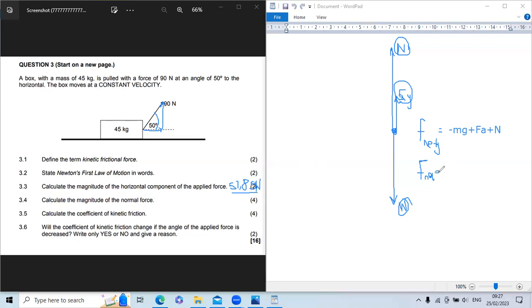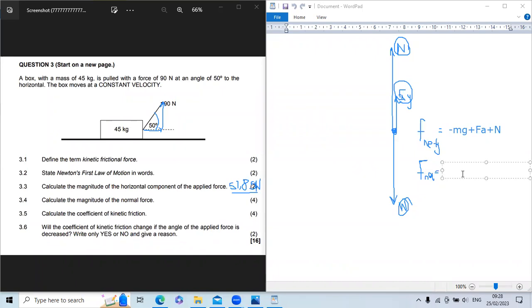Can you just quickly do that? So we already have our value for the vertical component. Can you just do that from your side, please? Okay, I'll just erase this and write it.